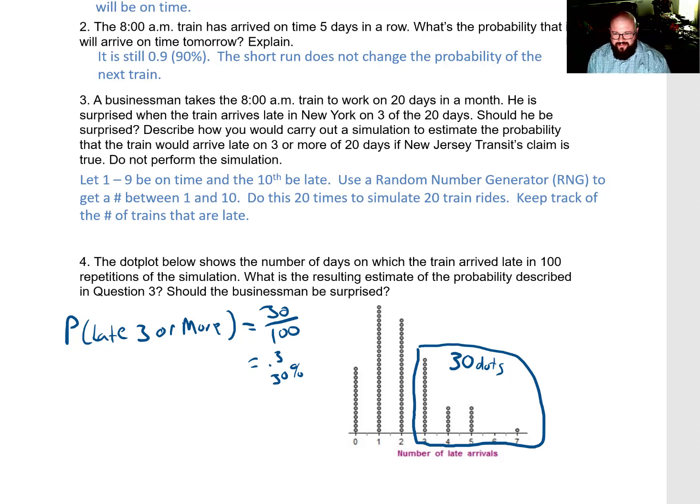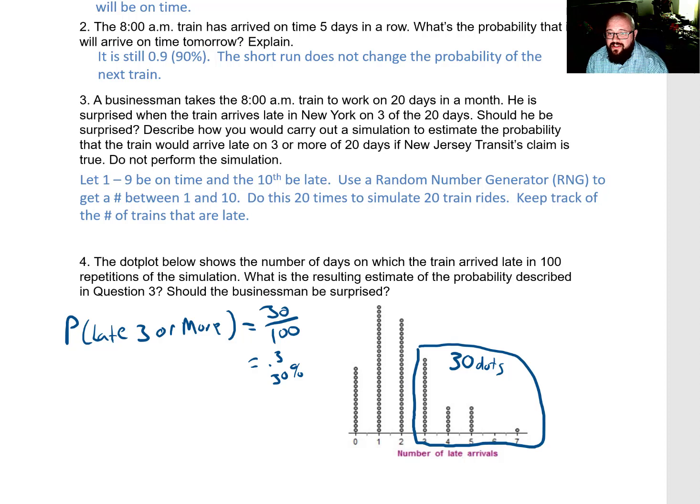So with it being 30%, he shouldn't be that surprised his train was late 3 times, because 30% isn't unlikely, okay? So it could happen. Again, there's a 90% chance of it arriving on time, but it still can be late, okay?